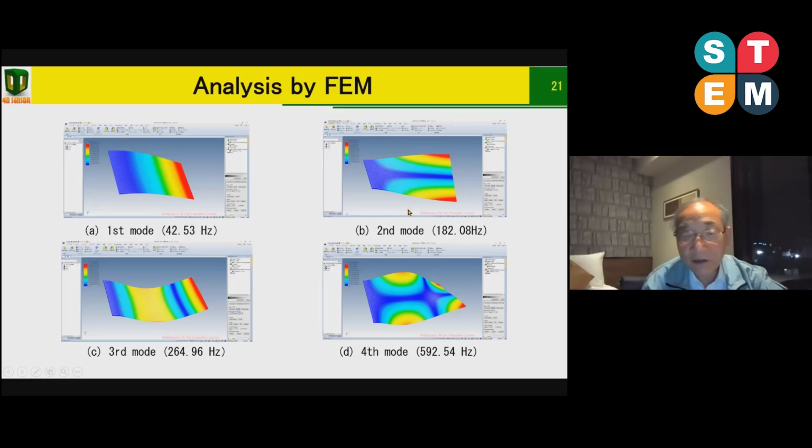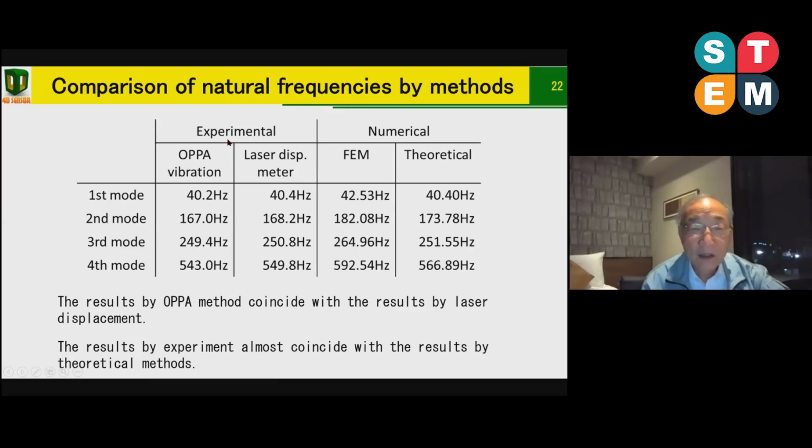And the resonance frequency is almost the same, a little different in the higher mode. So we checked the resonance frequency by the OPPA method, a laser displacement meter, the theoretical finite element method, and a theoretical numeric method. The whole natural frequency is almost the same. So our method is very accurate.